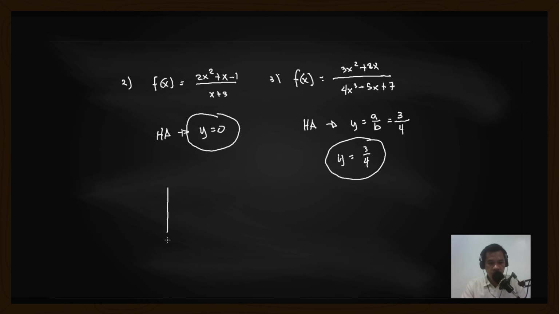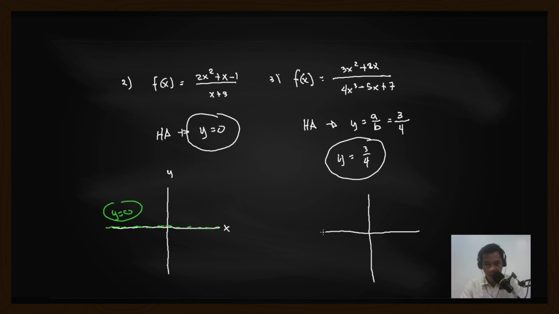Now if we're going to graph, this is our y, this is our x. Our horizontal asymptote in number 2 is along the x-axis, or y is equal to 0. If we illustrate the horizontal asymptote in number 3, y is equal to 3 over 4. So this is 1, this is 2.